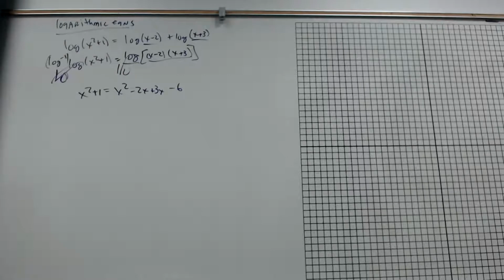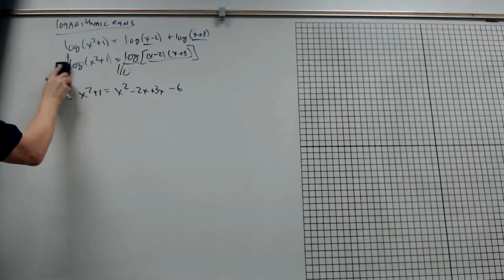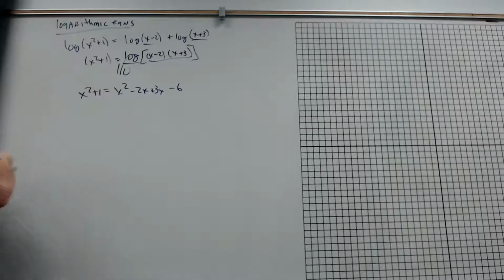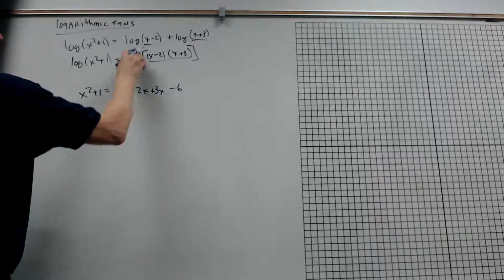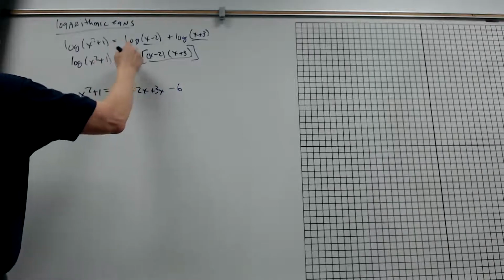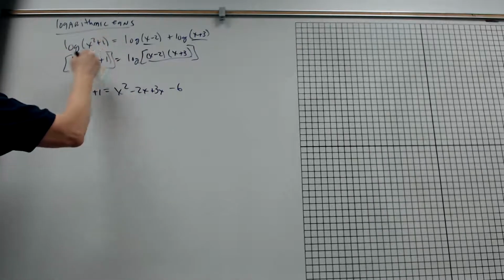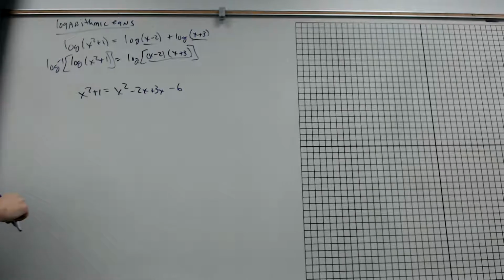Yeah, real quick. So with that log, did you just divide it over and then they canceled? Is that what happened? Well, here. So we've got a log there, and we've got a log here. So technically, you're going to use the anti-log function, log inverse.